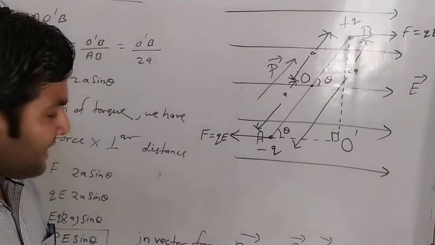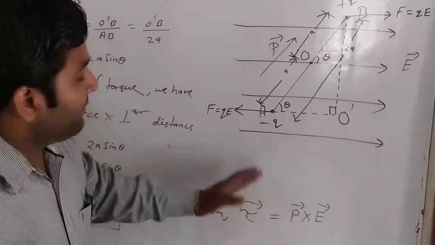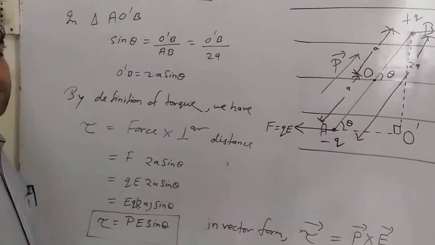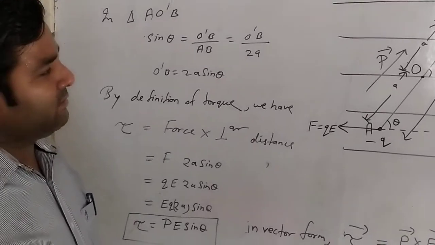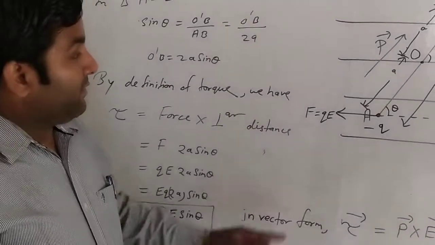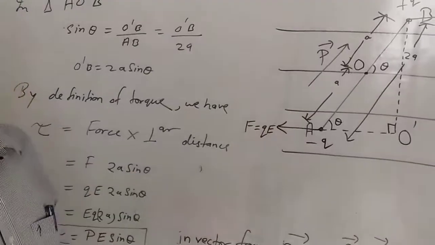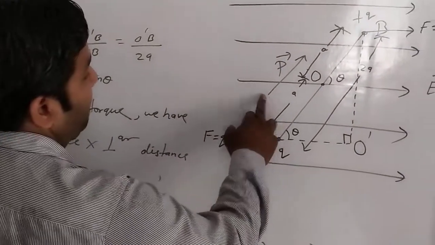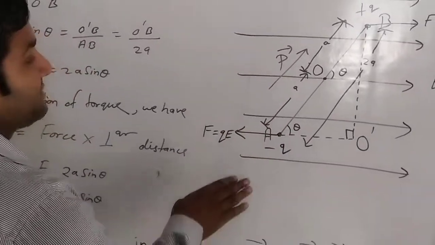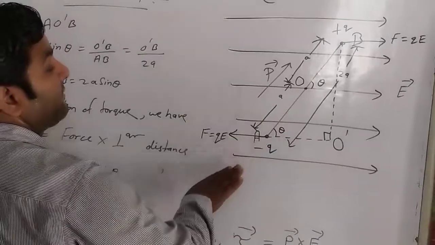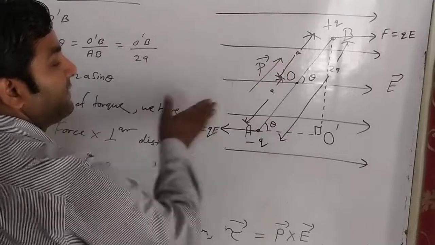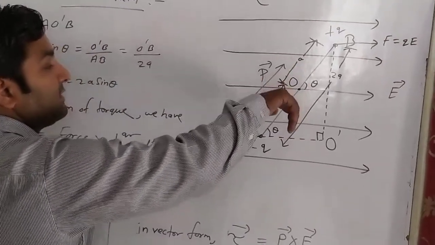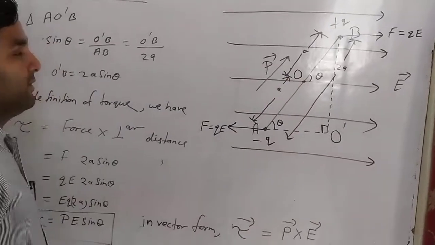When we apply the screw rule, not the left hand rule, you will get the direction of torque. It means P from A to B and electric field left to right, then when we take the product, the direction of torque will be inward.